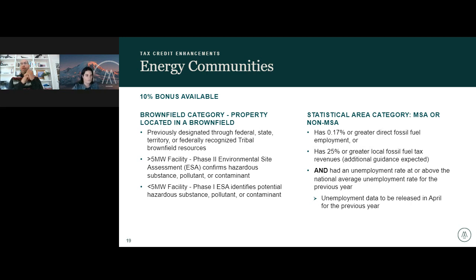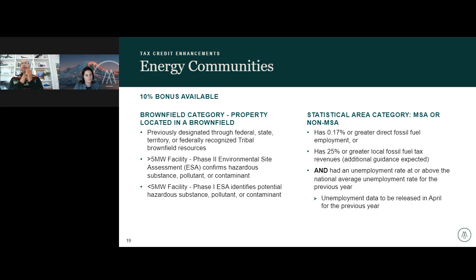If you're less than 5 megawatts in size, so it's much smaller facilities, and a phase 1 environmental site assessment has been performed that just identifies the potential for a hazardous substance to exist, then you can be considered located within an energy community.